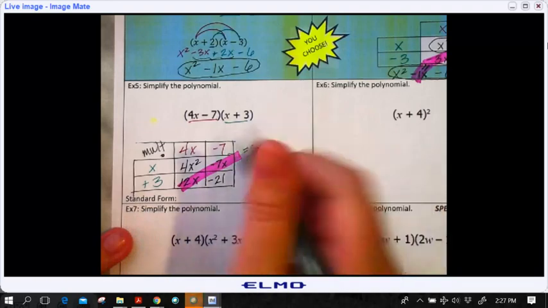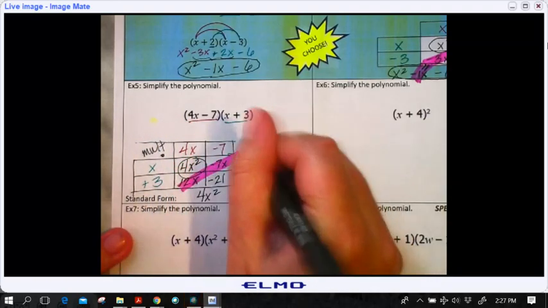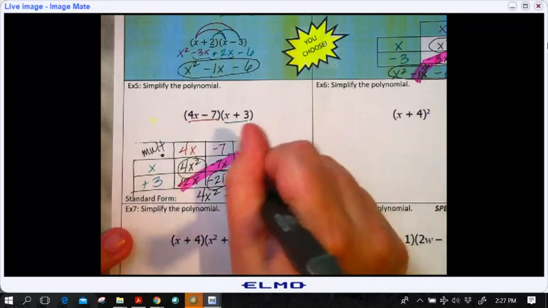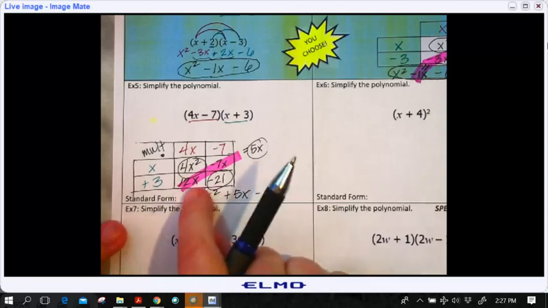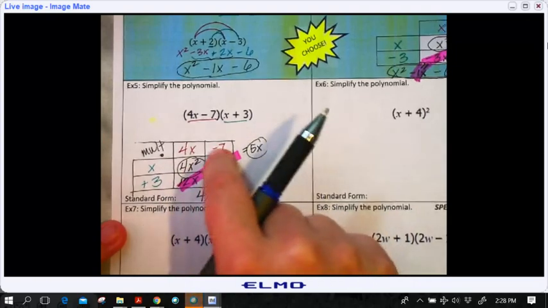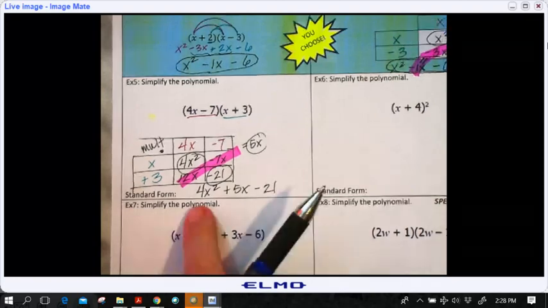I have 4x squared, positive 5x, and minus 21. And it helps me to actually see when I highlight my like terms and then circle this, that I've used all 4 of these terms. Okay. And so this is my final answer.